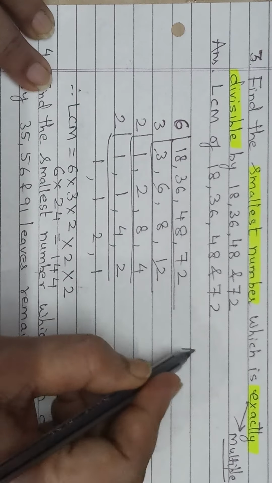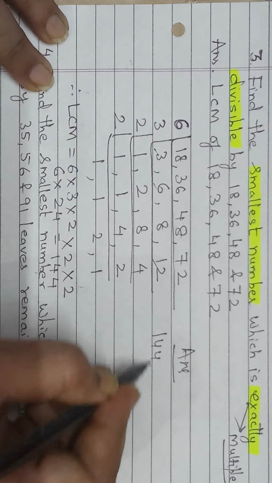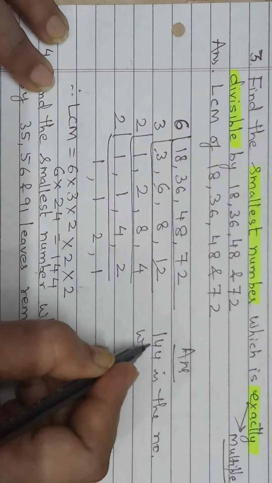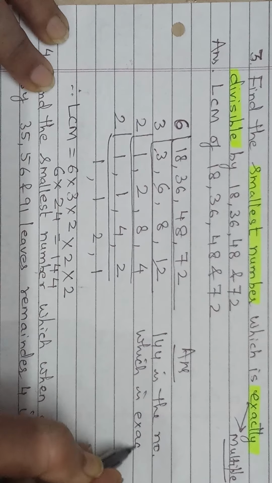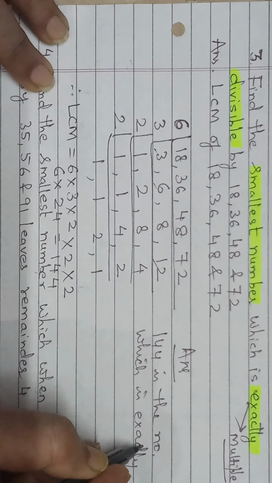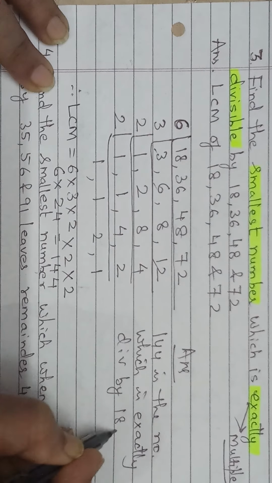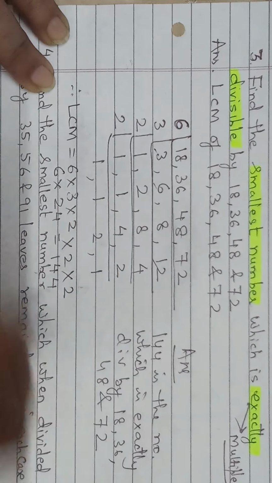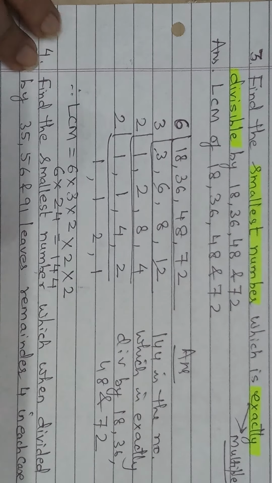It means the answer is 144 is the number which is exactly divisible by all these numbers 18, 36, 48 and 72. By all of them, this number is going to go.